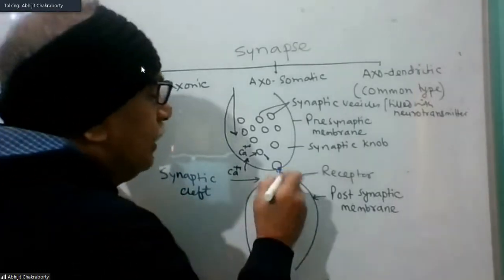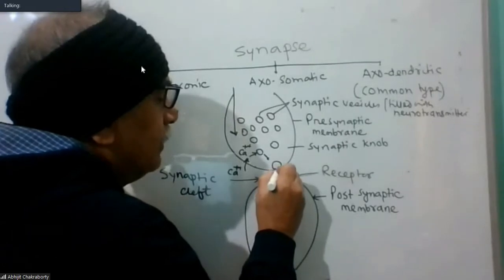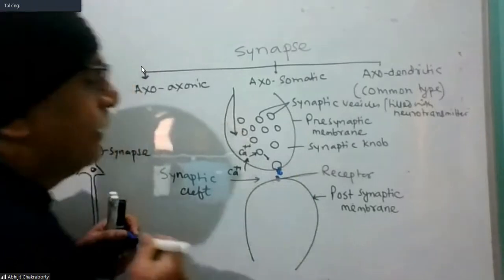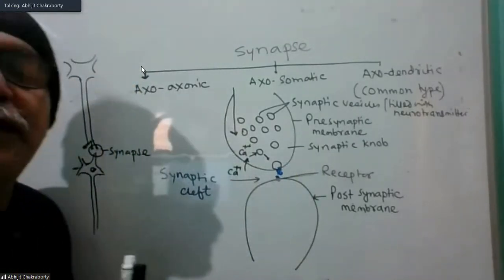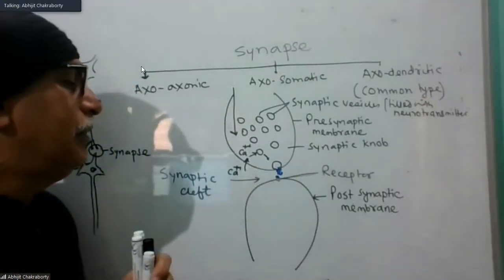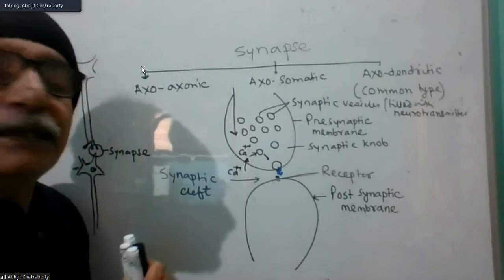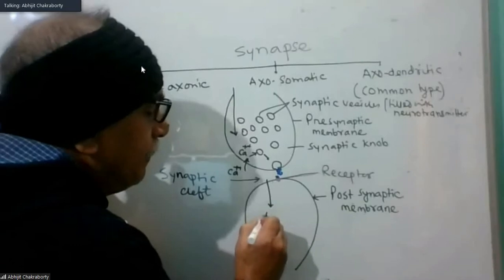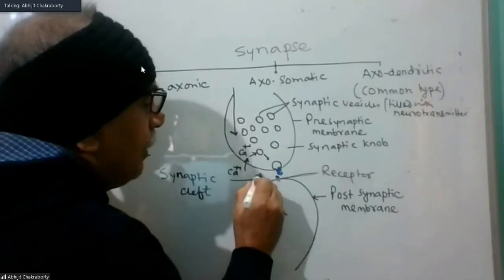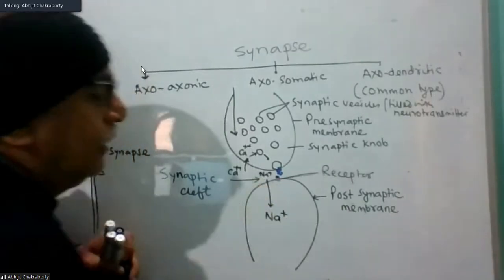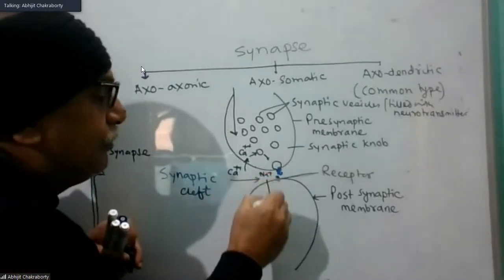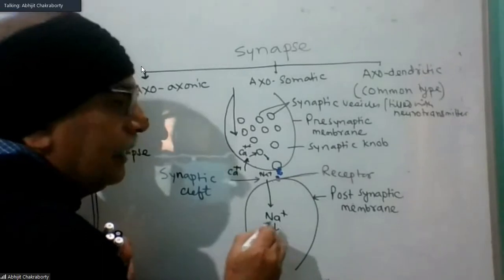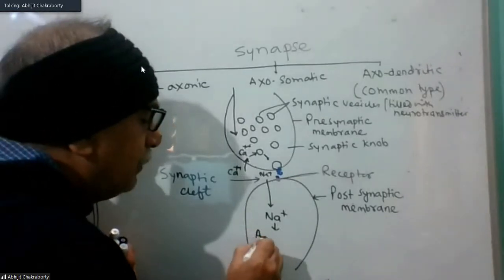Now this acetylcholine will bind to the receptor. As soon as acetylcholine binds to the receptor, the permeability of the postsynaptic membrane changes, so that from the extracellular fluid, sodium ion enters. Due to the regular entry of sodium ion into the postsynaptic area, a gradient is developed which is called action potential.